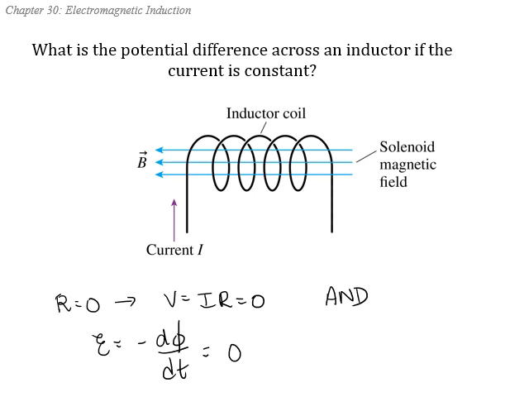So the net potential difference across any inductor with a constant current equals 0. This sets the stage to tell us that inductors are important parts of a circuit when a current is changing. So inductors are going to be really important if we ever have capacitors that are charging and discharging, and also in AC or alternating current circuits.